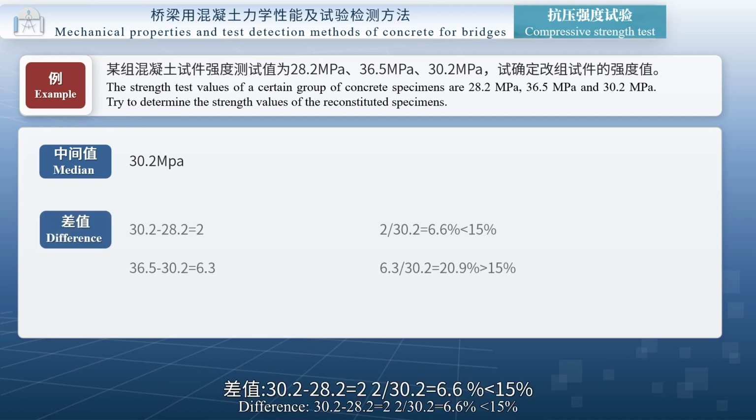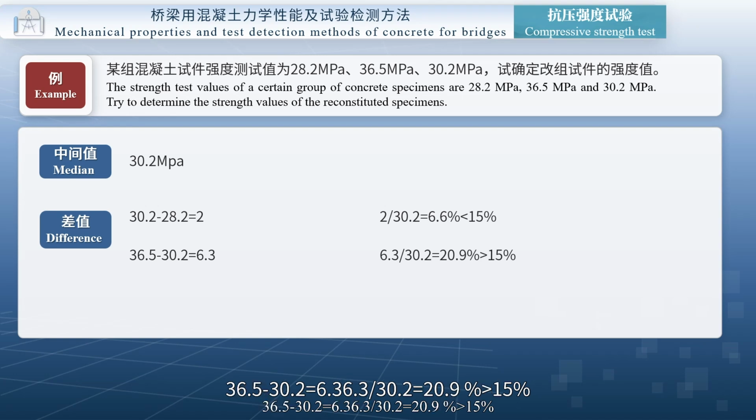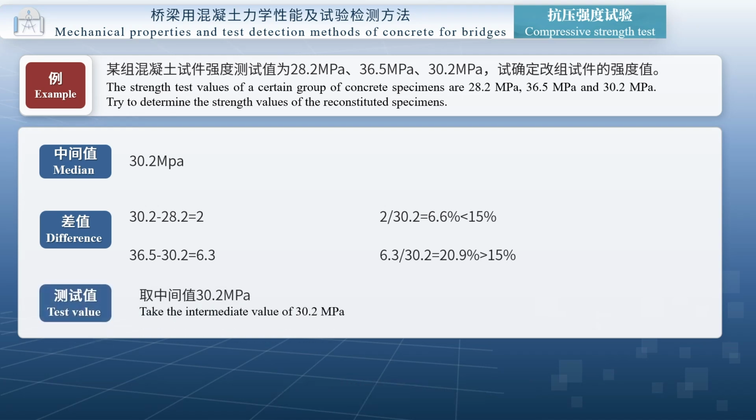Difference: 30.2 minus 28.2 equals 2.0, divided by 30.2 equals 6.6%, which is less than 15%. 36.5 minus 30.2 equals 6.3, divided by 30.2 equals 20.9%, which is greater than 15%. Test value: take the median value of 30.2 megapascals.